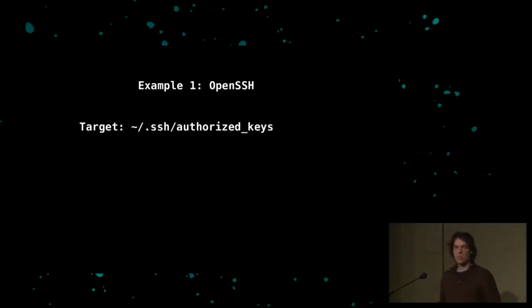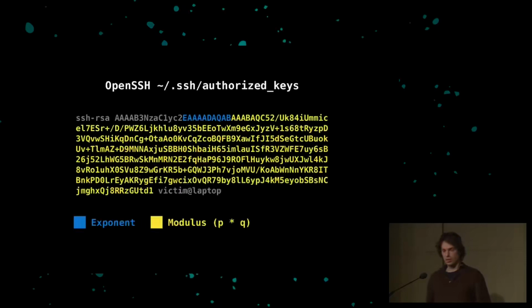So one example of how we did this was by attacking the authorized keys file. Authorized keys files usually contain public keys, and these public keys are not supposed to, they don't have to be kept secret. I bet lots of you have probably uploaded your public key to GitHub, and they're public.